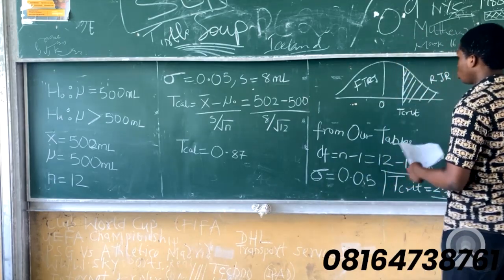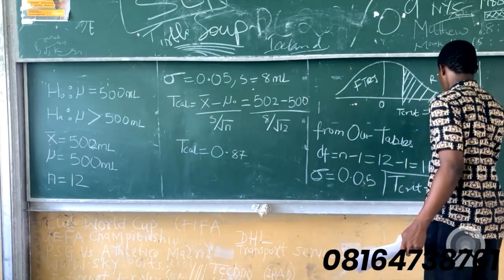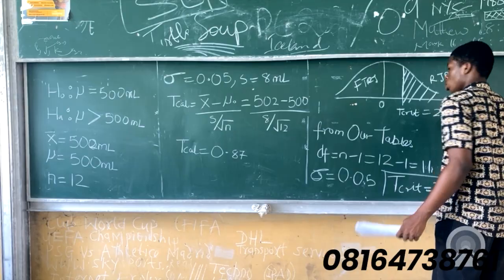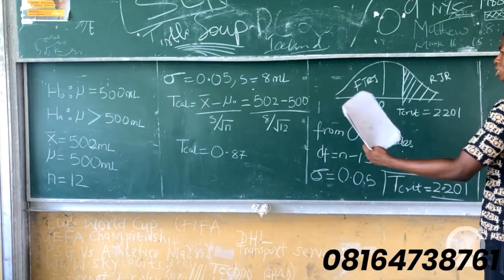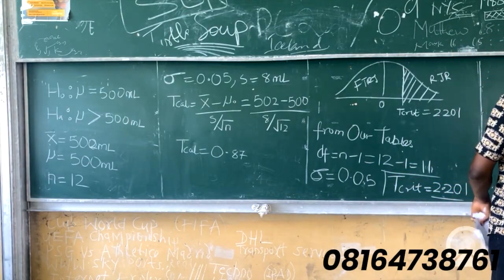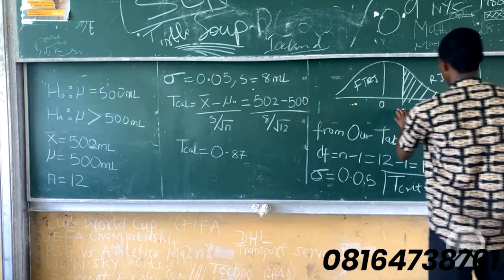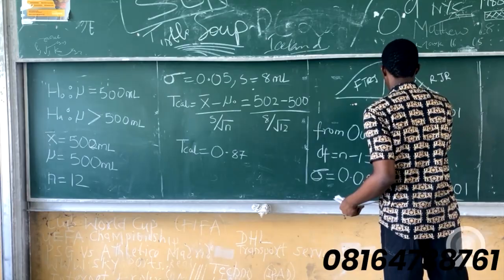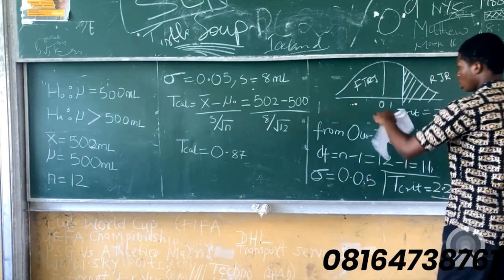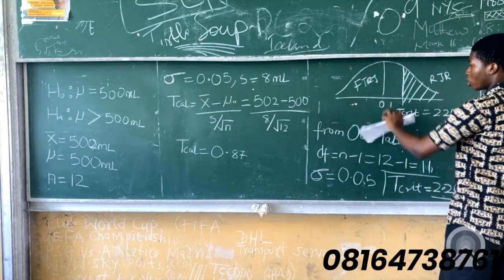So now we look at whether the T calculated value falls in the rejection zone or in the fail to reject zone. It fails to reject because it falls here. If this is 0, 1, 2, it is at a point between 0 and 1, so it's in the fail to reject region.